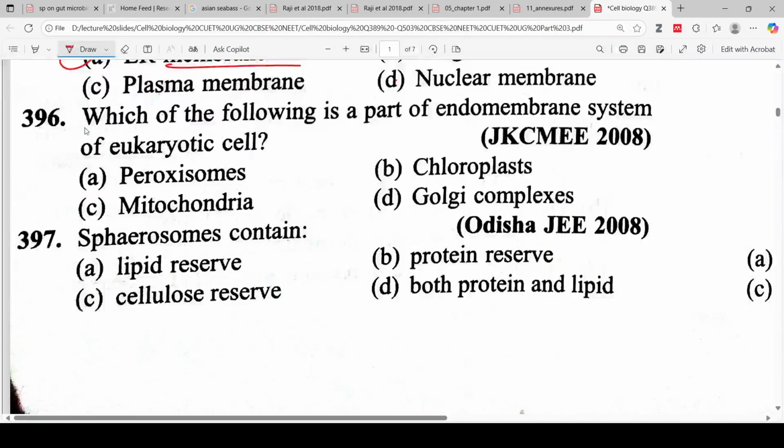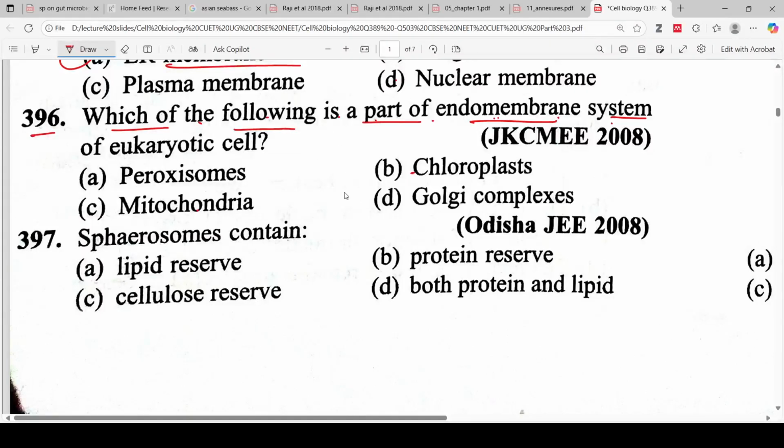Next question. Which of the following is a part of endomembrane system of eukaryotic cells?